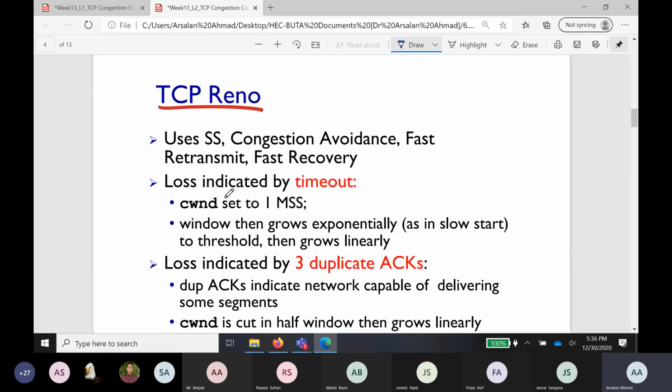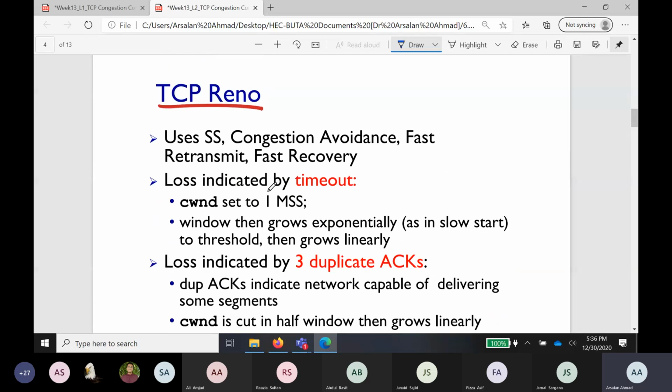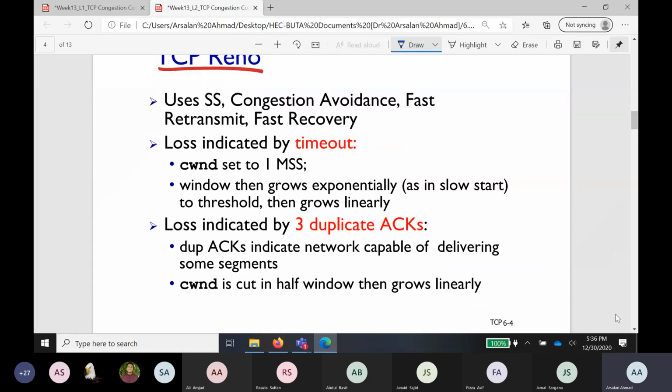Right, so the only improvement that TCP Reno makes is that you can't have the same behavior when the loss is detected via timeout and when the loss is detected via triple duplicate ACK.